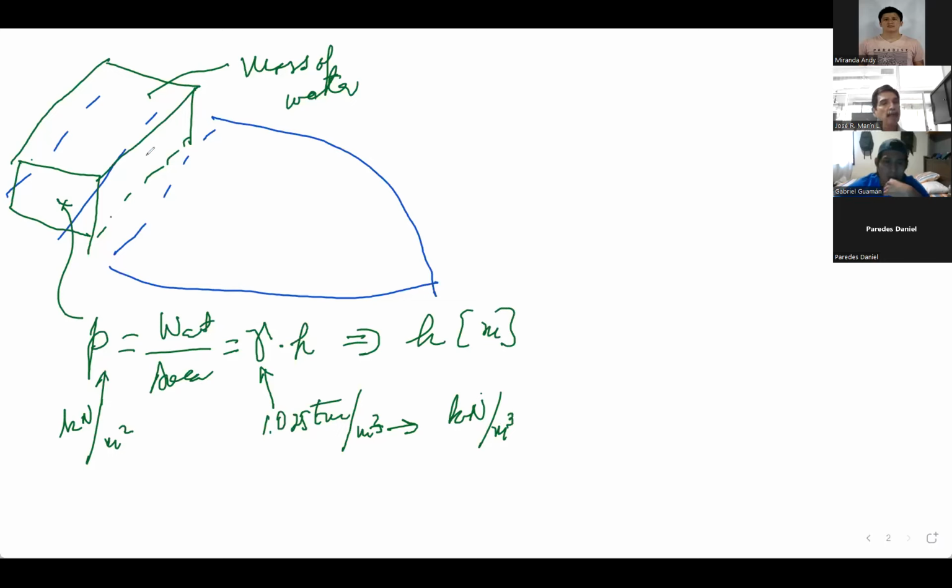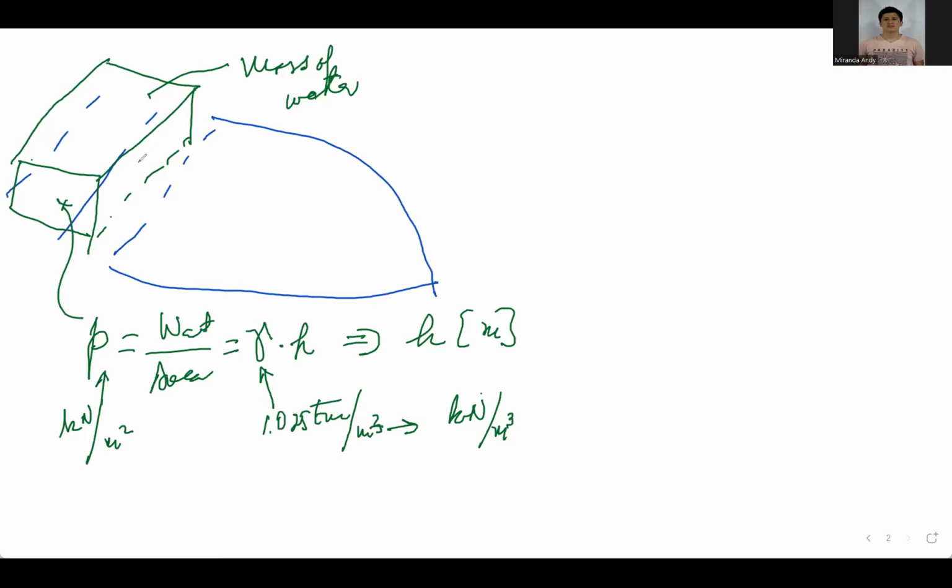Now, is there any value that you can imagine for this height? Remember, this height of water generates a pressure which is equivalent to the value that you calculated using the formulation. Now, people, we have to start thinking about physics, okay? How much height do you think this pressure would represent?